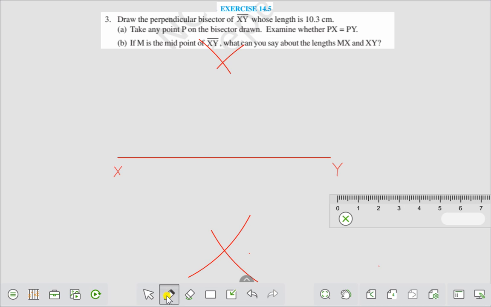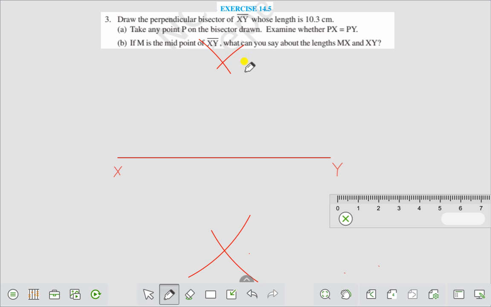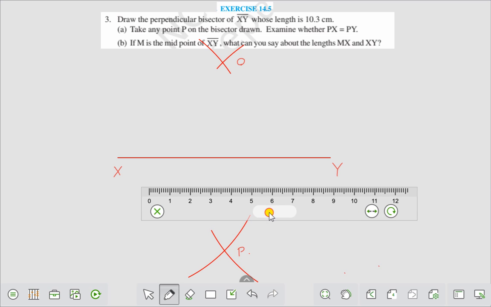Now take the points. This point is O and this is P. Now join OP with the help of the ruler.